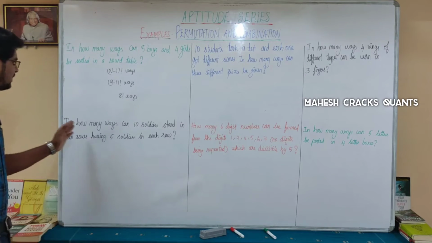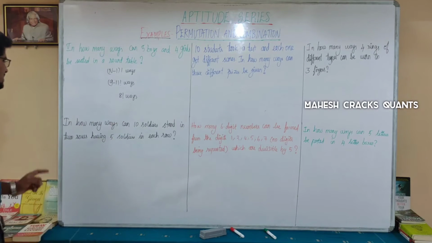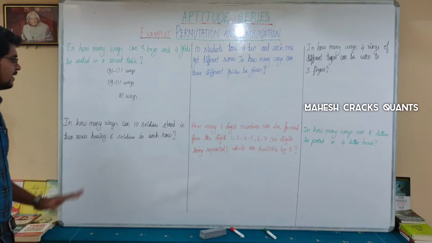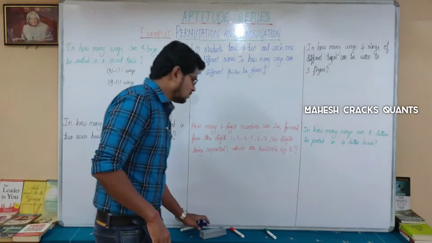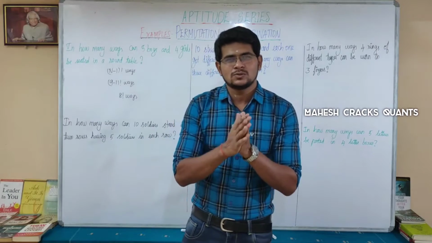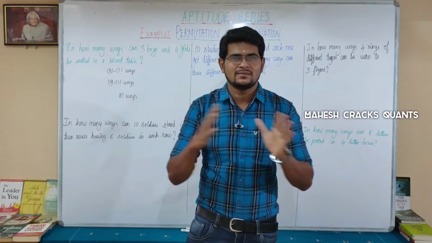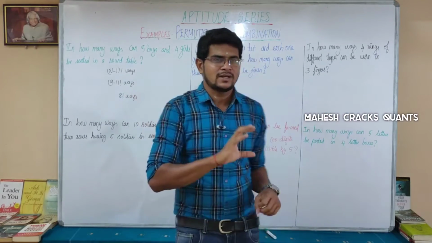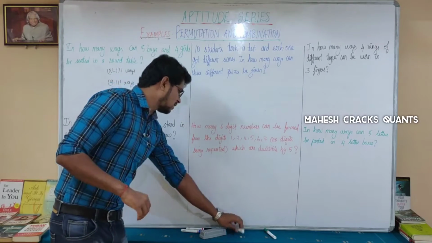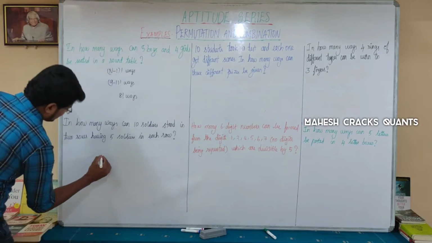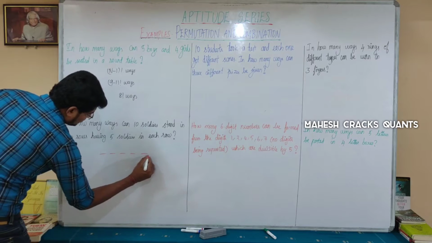Next question is, in how many ways can 10 soldiers stand in 2 rows having 5 soldiers in each row? So you have to choose 5 out of the 10 soldiers. There are 2 rows, so 2 rows means 10 spaces, and each row has 5 members.